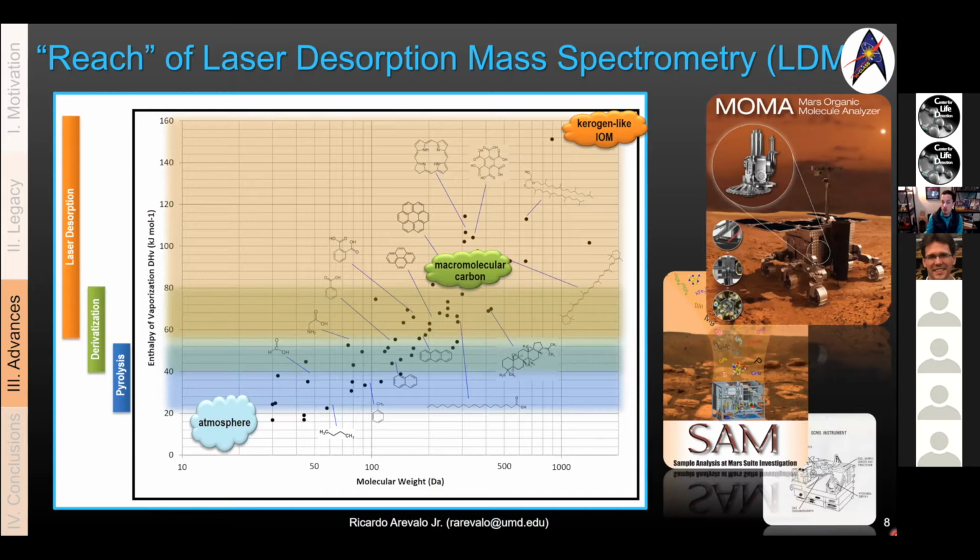Whereas pyrolysis limits you to things that can enter the gas phase in your pyrolysis experiment, derivatization helps to make things that are less volatile become more volatile. So it gives you access to things through a pyrolysis experiment if you have the capacity to fly a derivatization agent. But what a laser system's used for, even in the commercial realm, is to look at more refractory organic compounds. And again, I'm a geologist. It also gives you mineralogical information, which I'm about to show you.